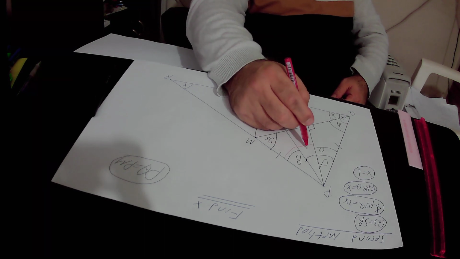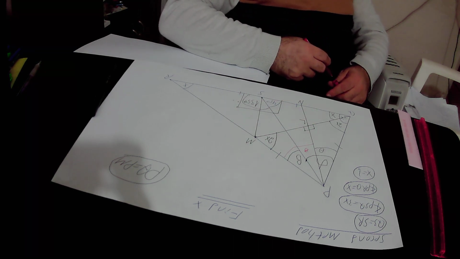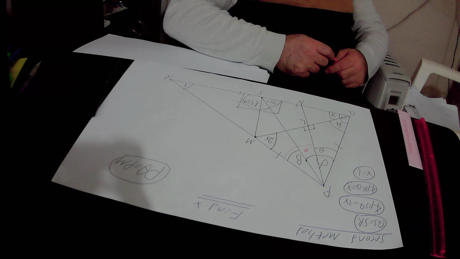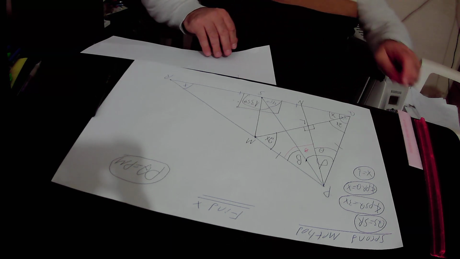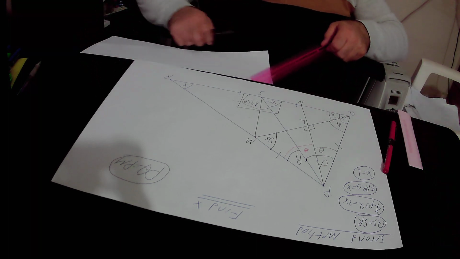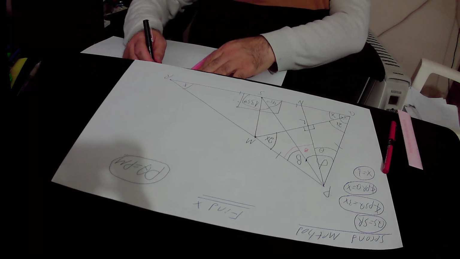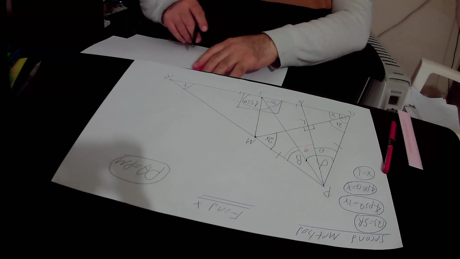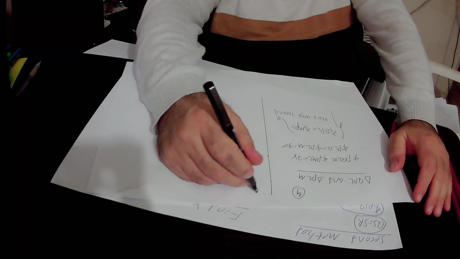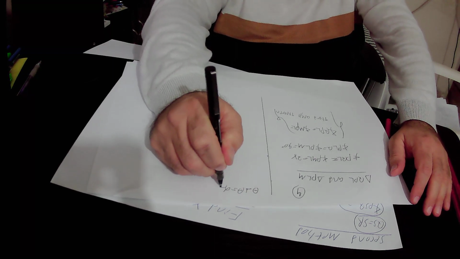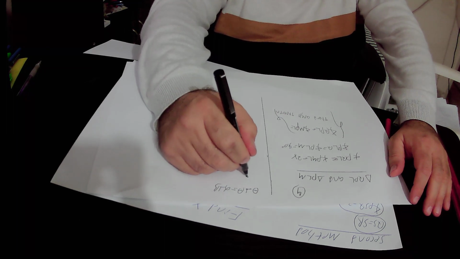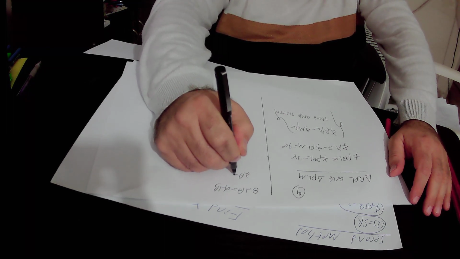This angle must also be equal to theta. From the drawing, it is very easy to see that theta plus theta equals alpha plus beta. Theta plus theta is 2 theta, and it equals alpha plus beta.